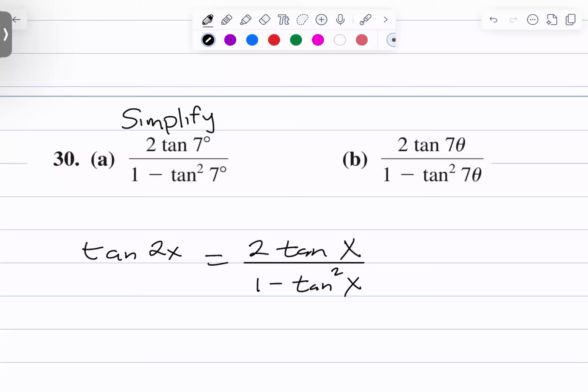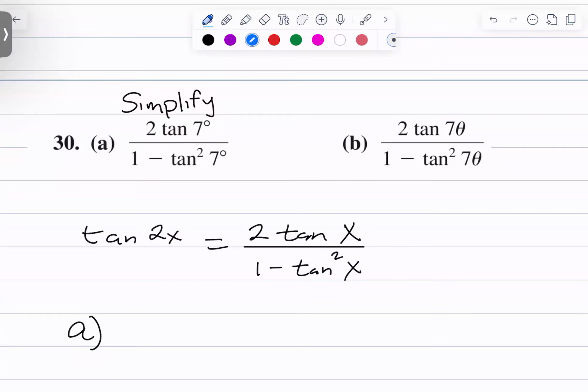So for part A, we're just simplifying. This 2 goes with this 2, this tangent is this tangent, and 7 degrees is x. 1 is with 1, minus is with minus.